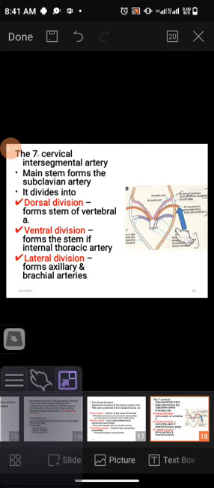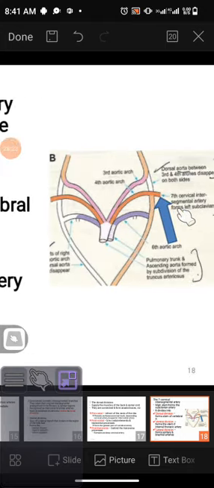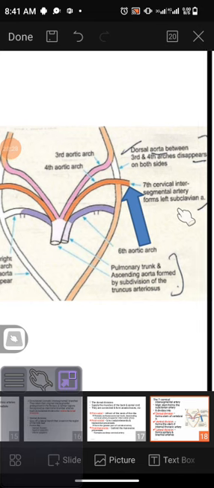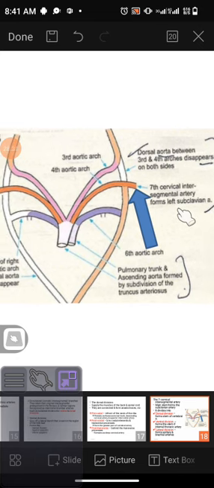Seventh cervical intersegmental artery. This is the seventh cervical intersegmental artery, coming off from here.